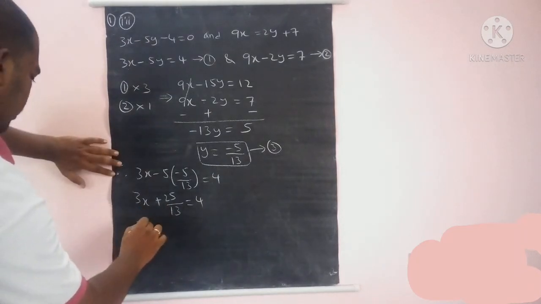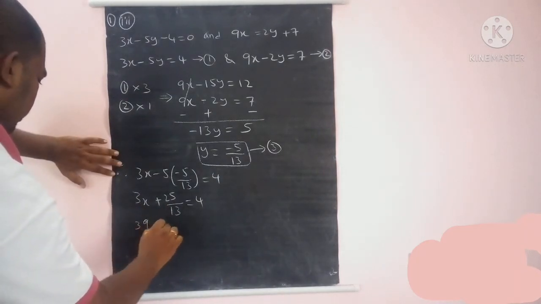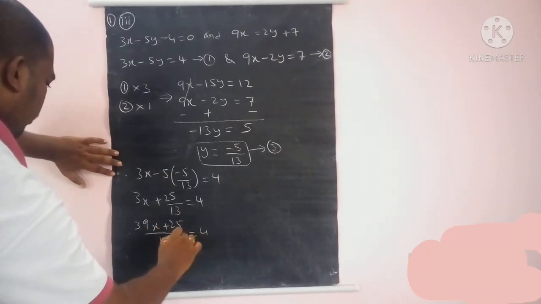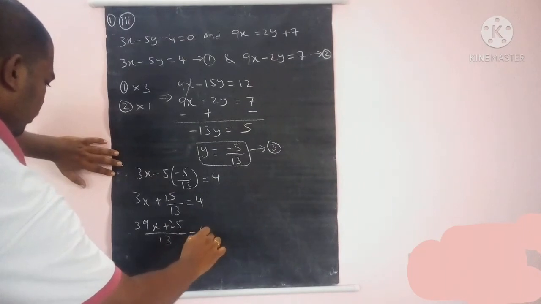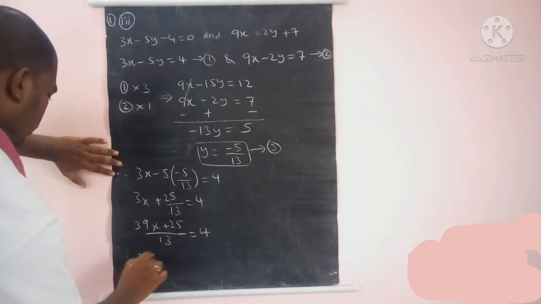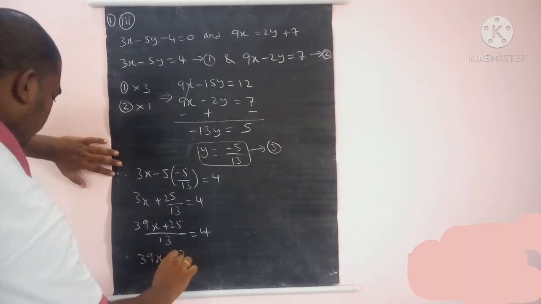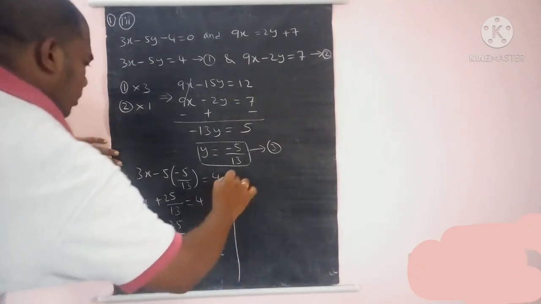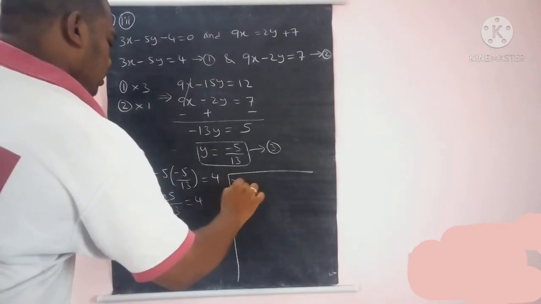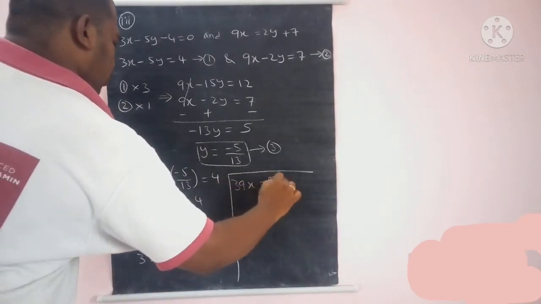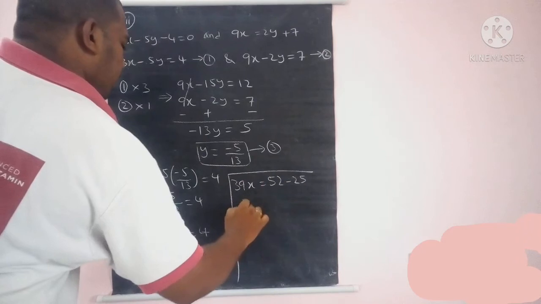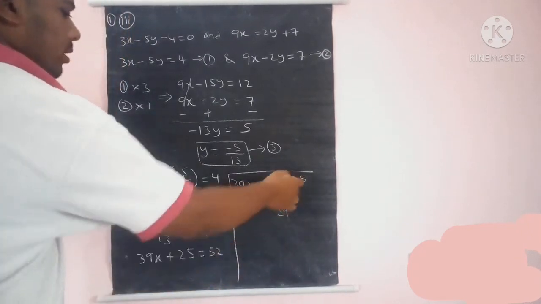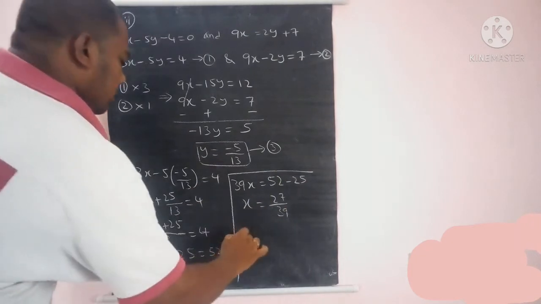13 3's are 39x plus 25 by 13 equals 4. So 39x plus 25 equals 52. 39x equals 52 minus 25. x equals 27 by 39. 3 9's are 27, 3 13's are 39.